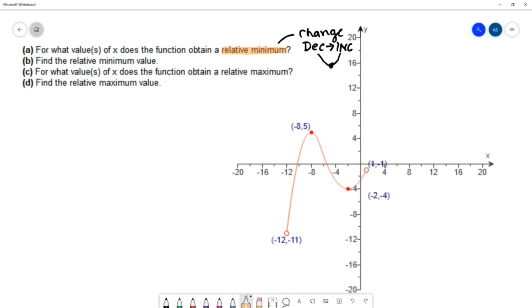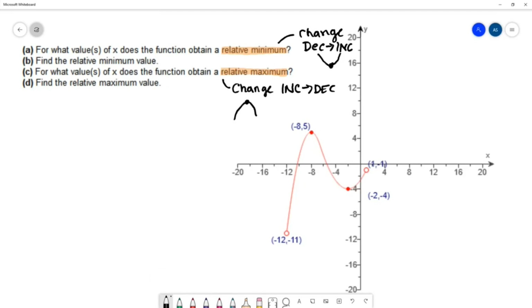And in our book, the definition of relative maximum is when we have a change from increasing to decreasing. So a change from increasing to decreasing is going to create that relative maximum.